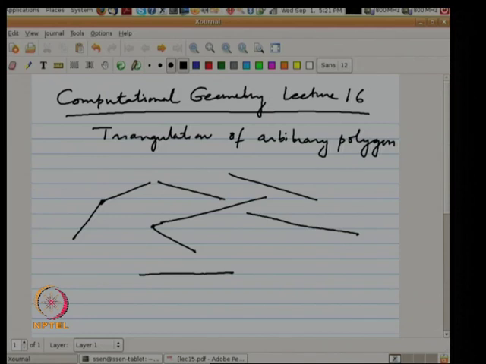What I am going to do is, from every end point of these line segments, shoot or draw a vertical line, which means that I am basically shooting a ray upwards and a ray downwards, and extend it till it hits another line segment.